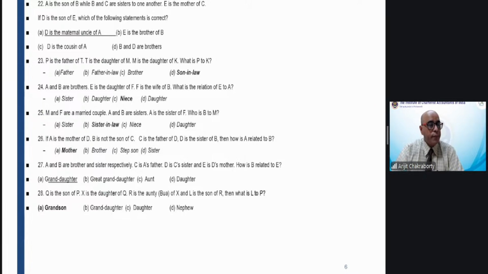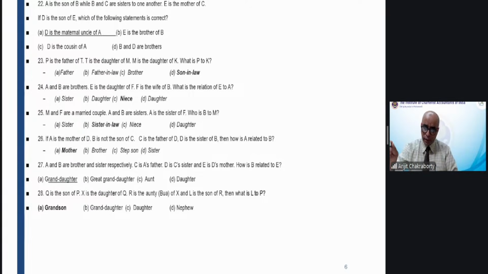So we can see that R is the aunt of X, and L is the son of R. So L is male. The question is, what is the relationship between L and P? It is two generations. At the first level we have Q and R. Q is male and R is his sister. P is the parent of Q and R. P is at the top.